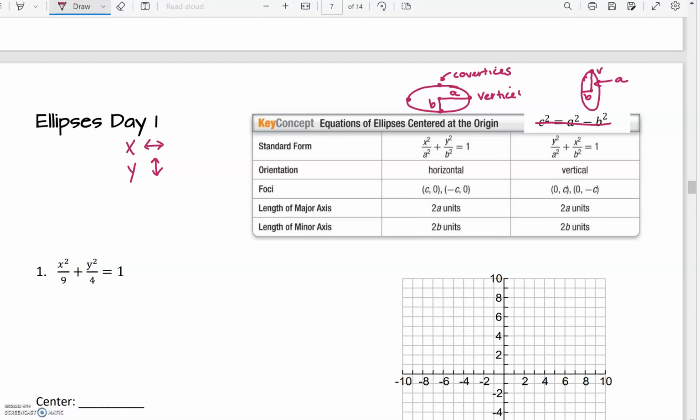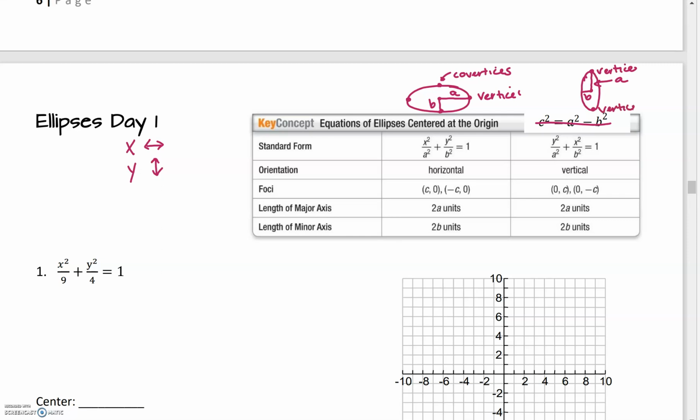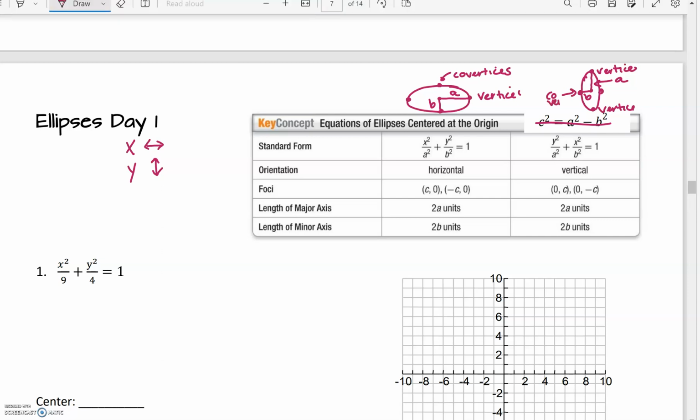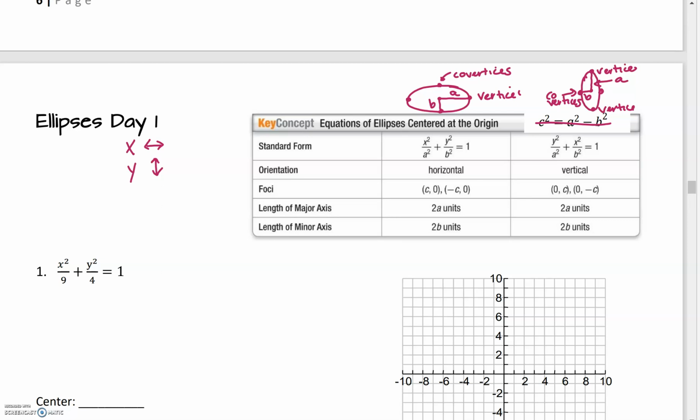And again, our vertices going this way, and then our co-vertices. There we go.